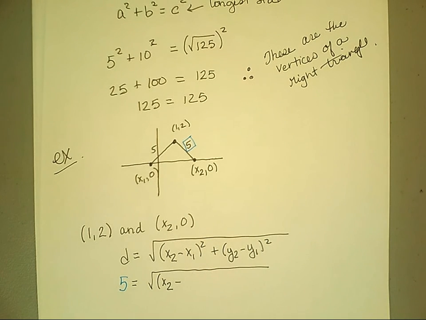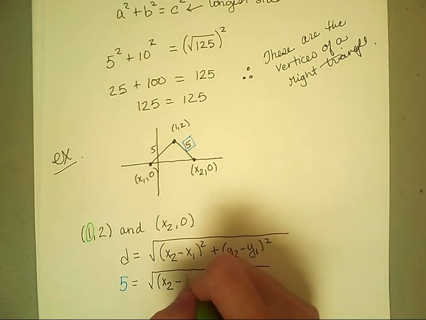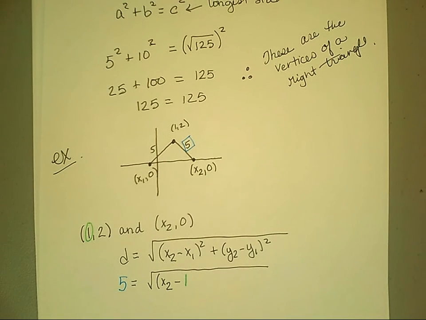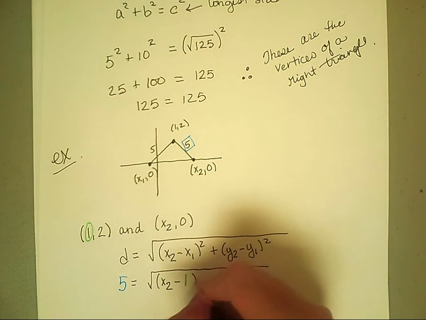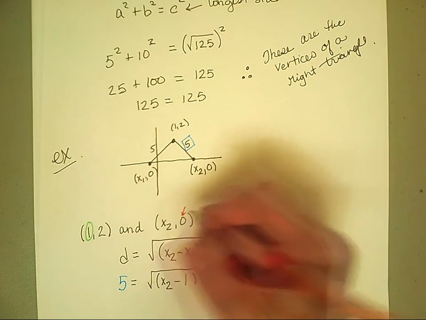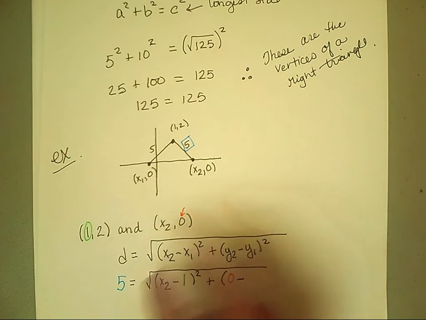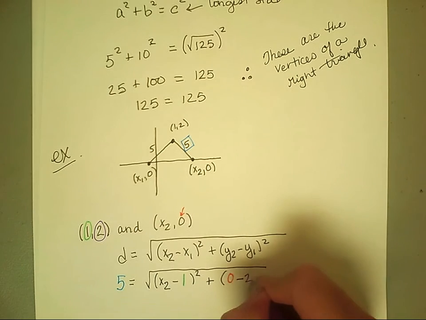That's unknown. But I know that x1 from here is simply 1. That's squared. Then plus y2. Well, here's y2. I know that to be 0. Then here's y1, which is 2.